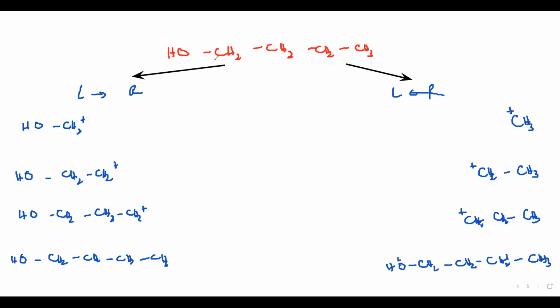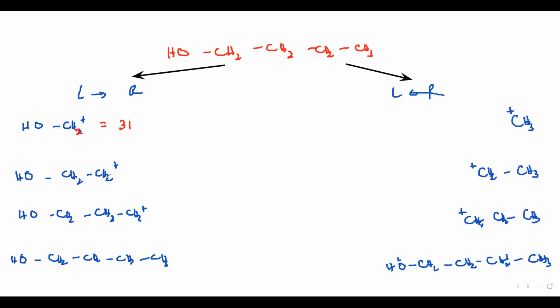So what will be the calculation? Like this is 16 plus 1, 17, and this is 14. So 17 plus 14 will give 31. So till here 31 is there.